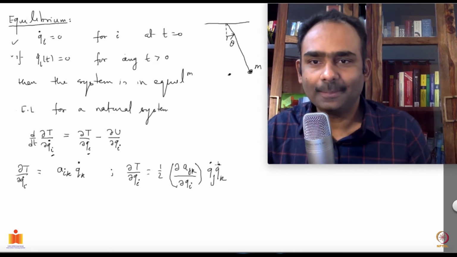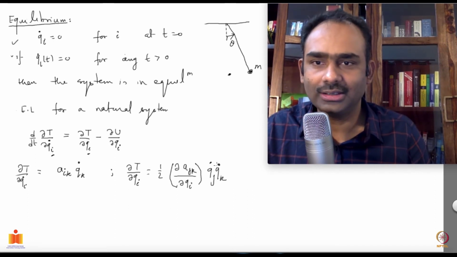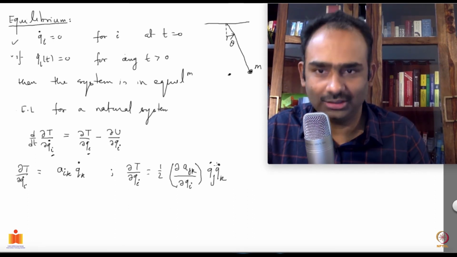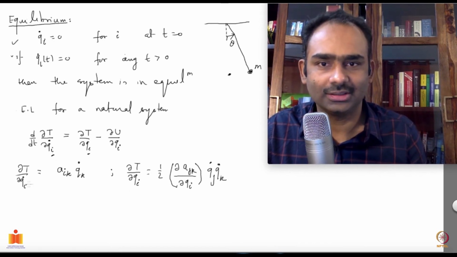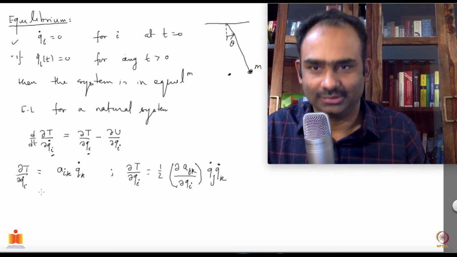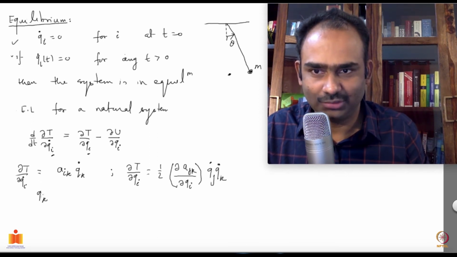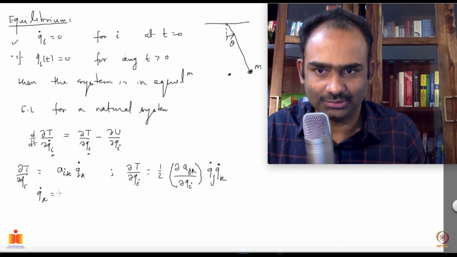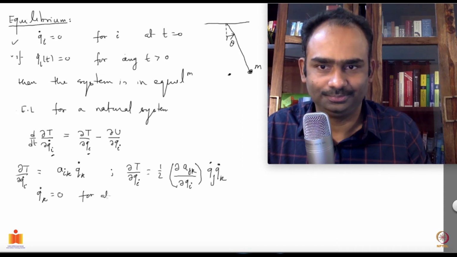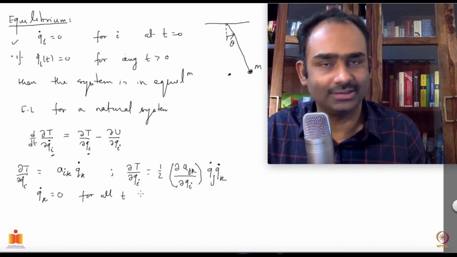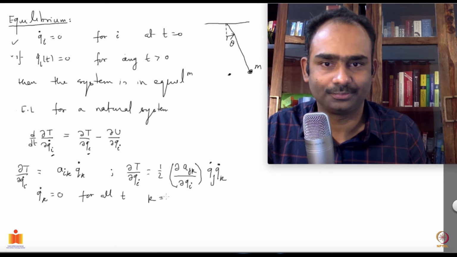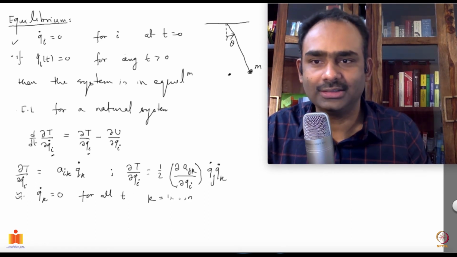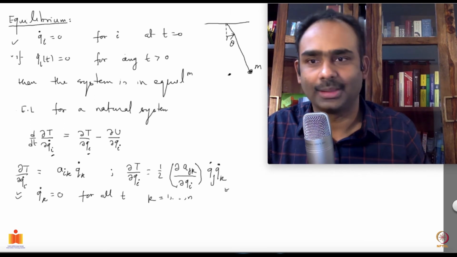Now clearly, if I put q k dot equal to 0 for all times, and k is not just one particular coordinate but all of them, so k runs from 1 to n, then both these terms vanish.